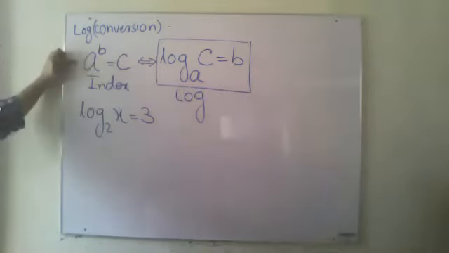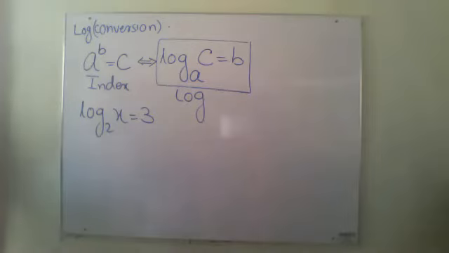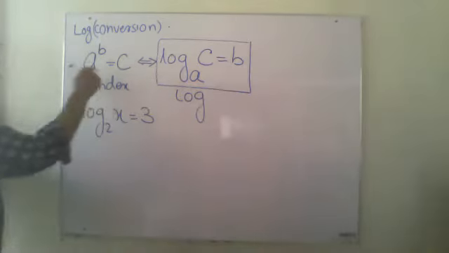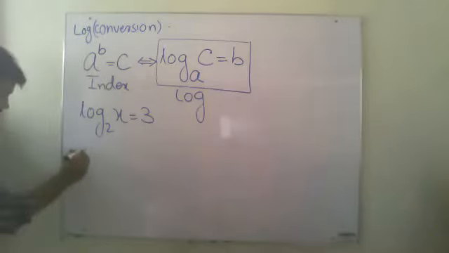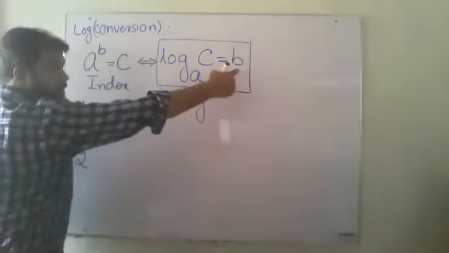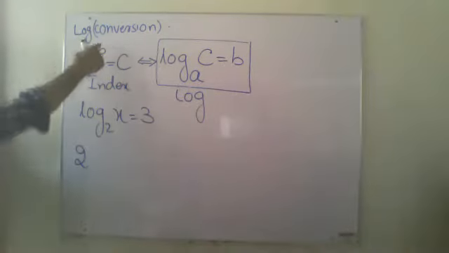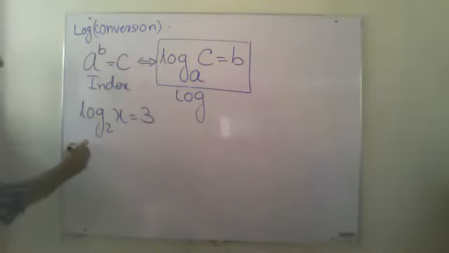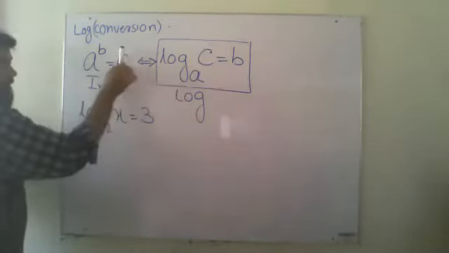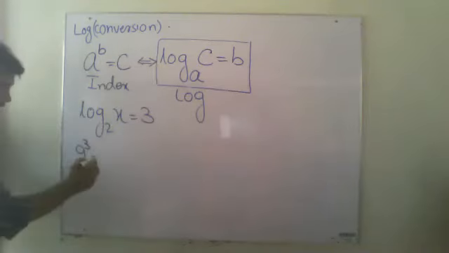So what I am going to do, it is given in this form. I have to first convert it into index form. How am I going to convert it? See, whatever is the base will remain the base. The answer in the log is the power of the base, and the multiple of the log is the answer in the index.